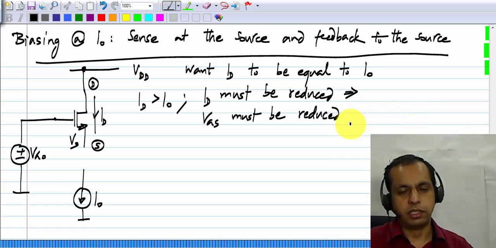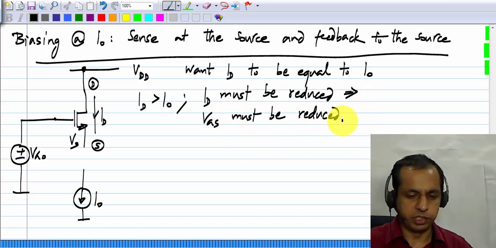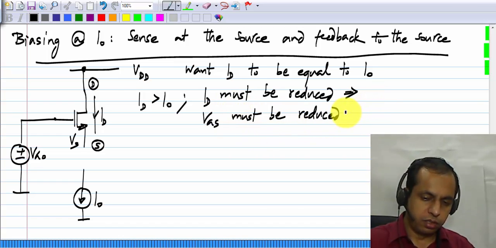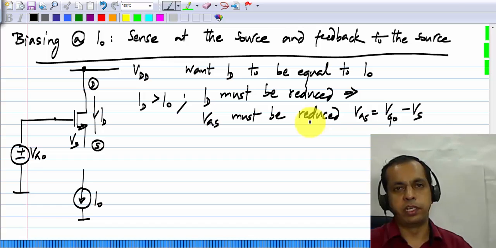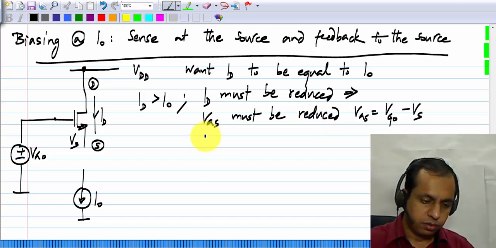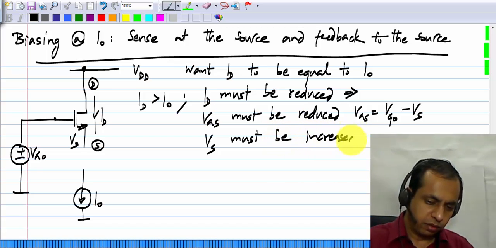Okay, obviously ID is an increasing function of VGS. If ID has to be reduced, VGS has to be reduced, and VGS itself equals VG0, which is fixed, minus Vs, which we can vary in this circuit. So this clearly means that Vs must be increased.